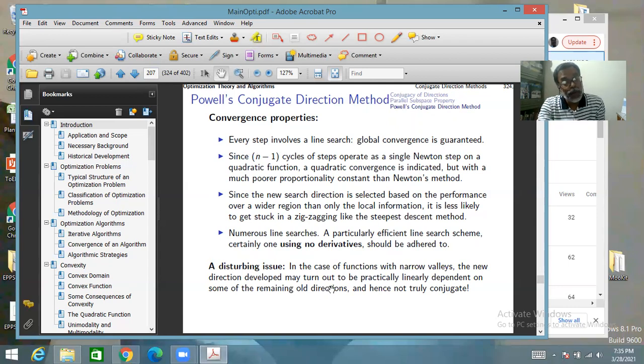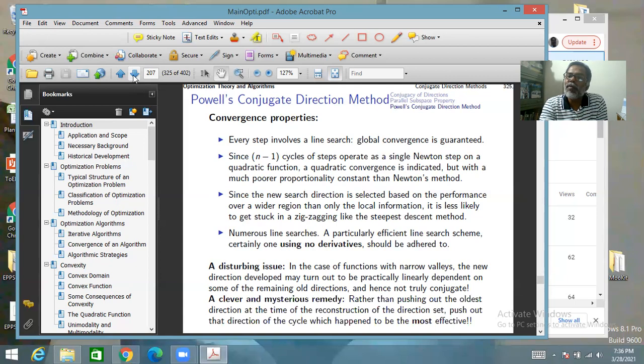Again, remember what we discussed earlier, that nominally the new directions are conjugate, therefore linearly independent, but the angle made by the new direction to one of the old directions, or a combination of a few of the old directions, may be very small, in which case the new direction may not be practically linearly independent compared to the old ones.